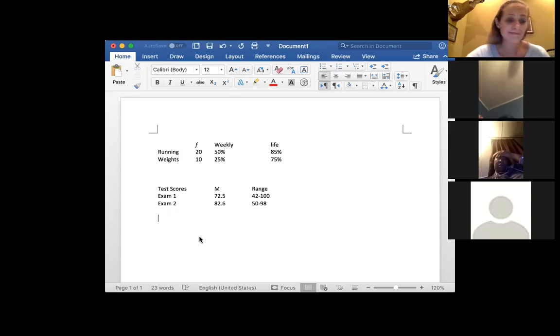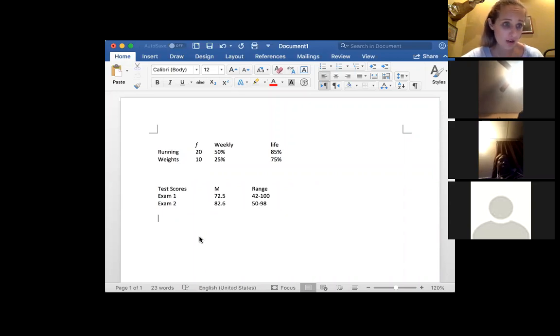So what would you use as the average for nominal data? Would you use the median, the mode, the mean, or the range? Average. Mean.